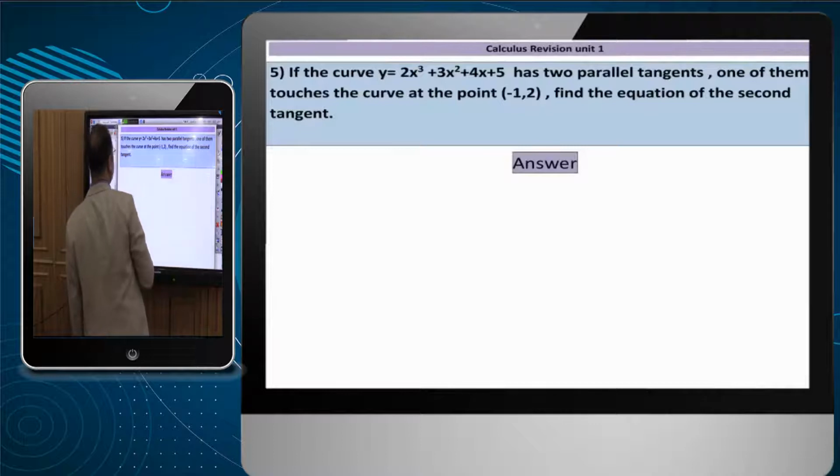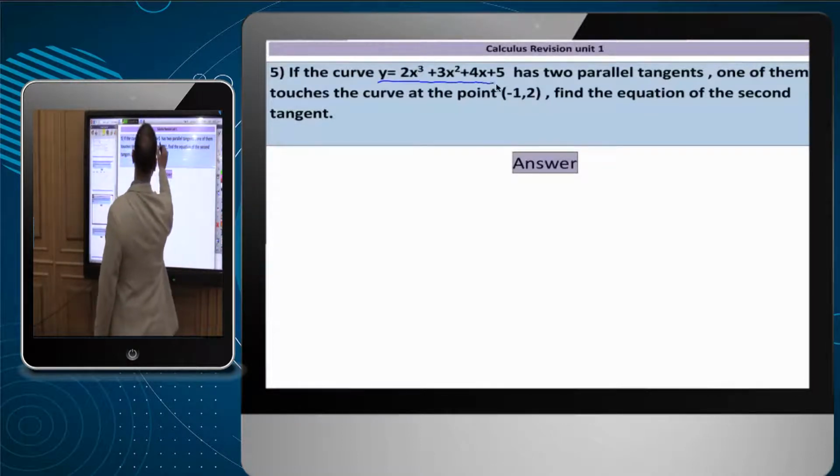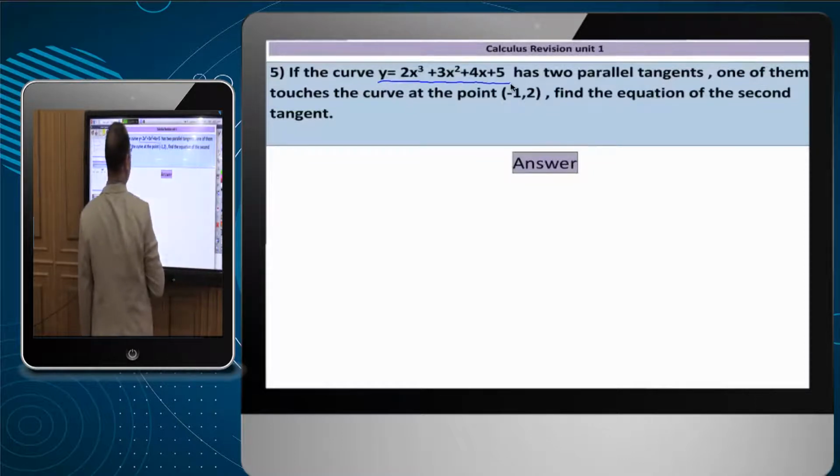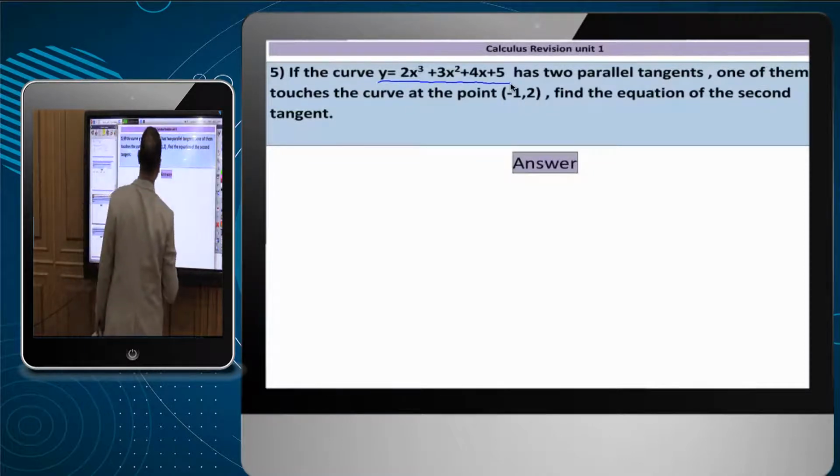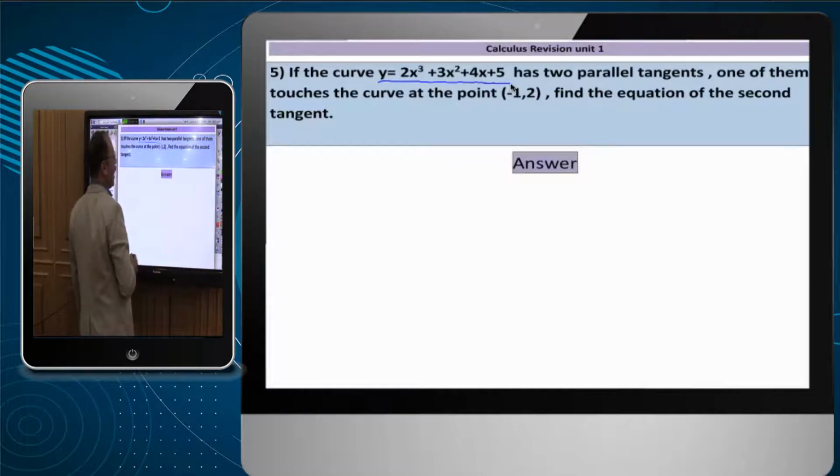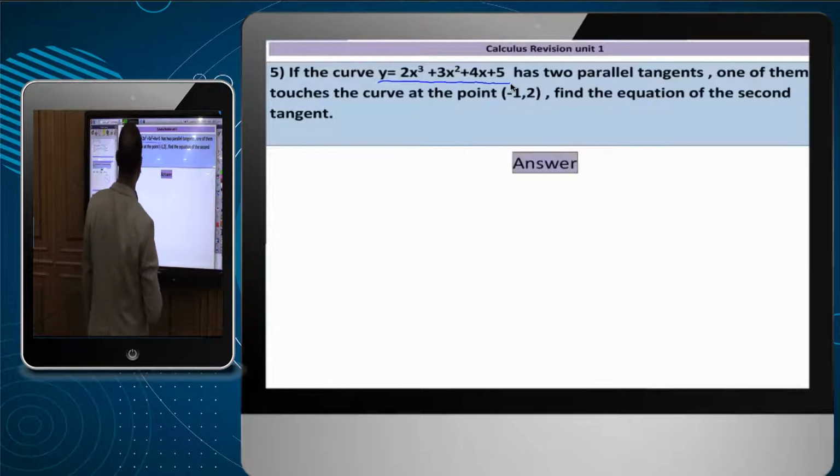Question number 5. If the curve y equals 2x cubed plus 3x squared plus 4x plus 5 has two parallel tangents, one of them touches the curve at the point -1 and 2, find the equation of the second tangent.